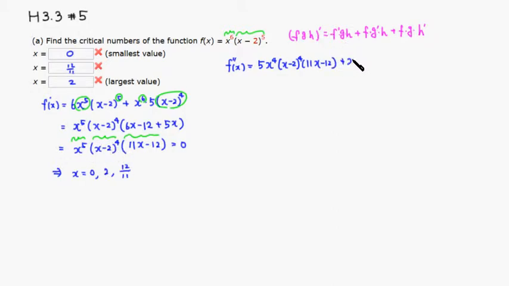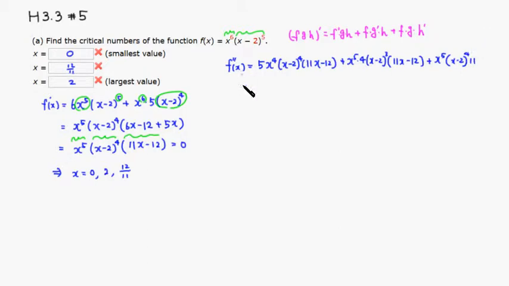So it's x to the 5th times 4 times x minus 2 cubed times 1, and then 11x minus 12. Then the last guy: write down x to the 5th and x minus 2 to the 4th. The derivative of the last guy is 11.